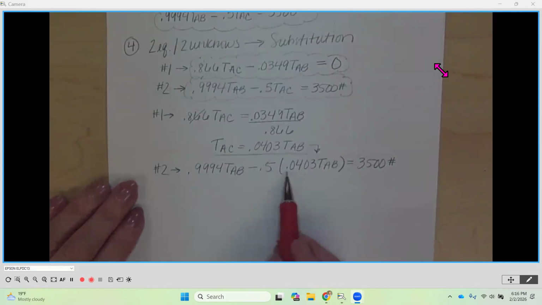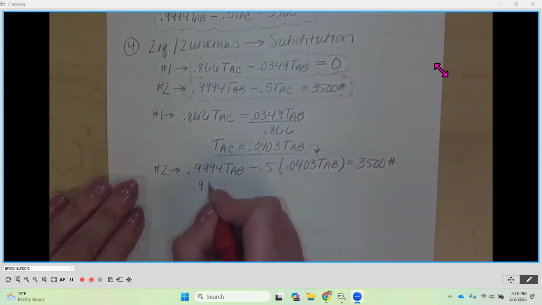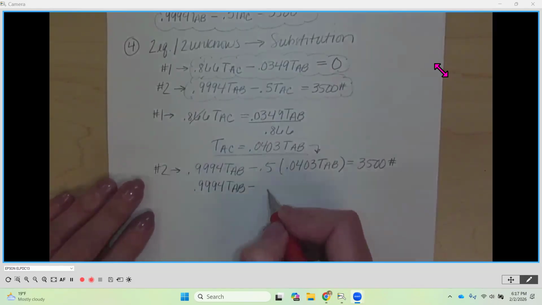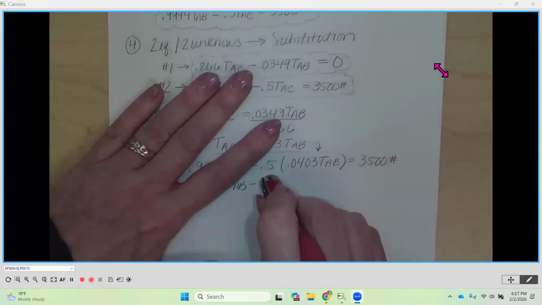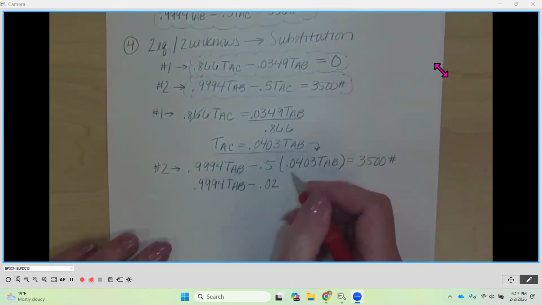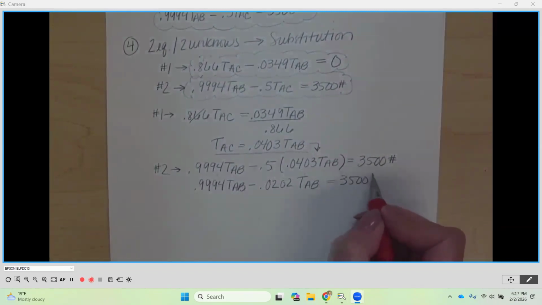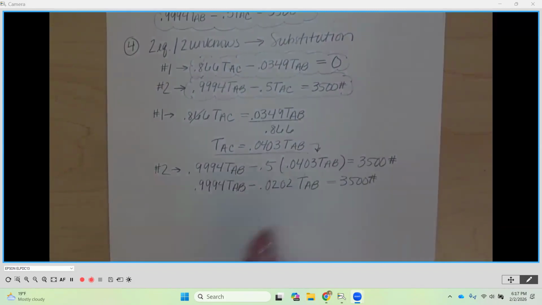So now I need to distribute that 0.5 here. So I'm going to have 0.9994 TAB minus 0.02015 TAB, I think. I'm looking at my notes. I better double check. Yeah, because it's 0.02015 TAB, is equal to 3,500 pounds. So now we can combine these two.